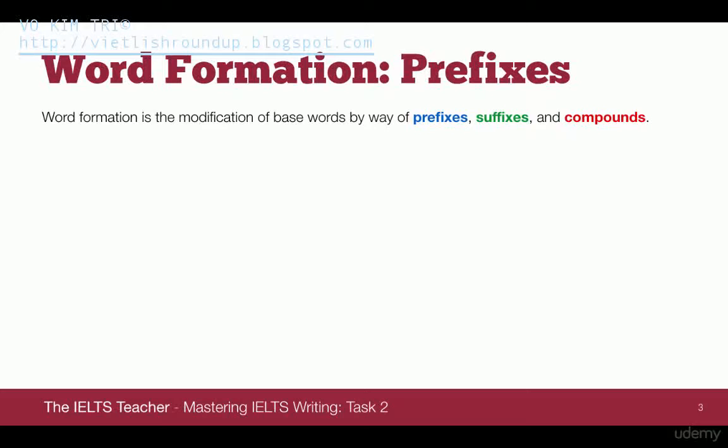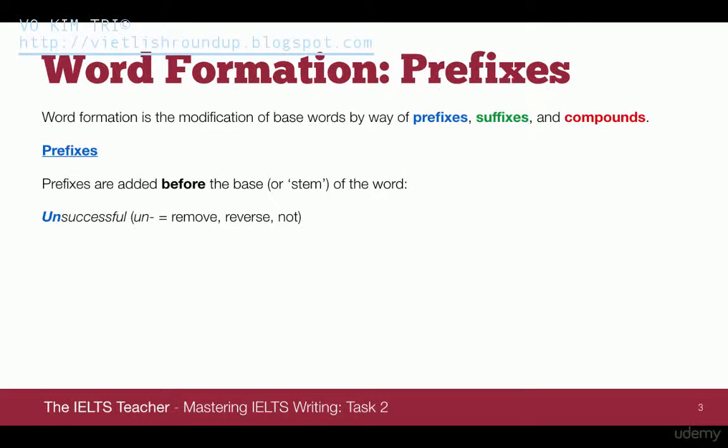And we're going to look at these things in turn, starting with prefixes. So prefixes, what are these? Prefixes are bits of language which are added before the base or stem of the word. You should recognize a couple of these examples here. Unsuccessful.